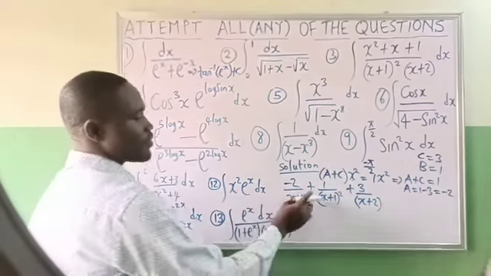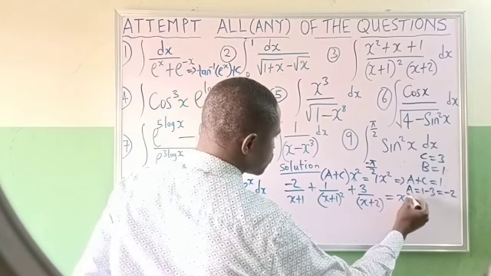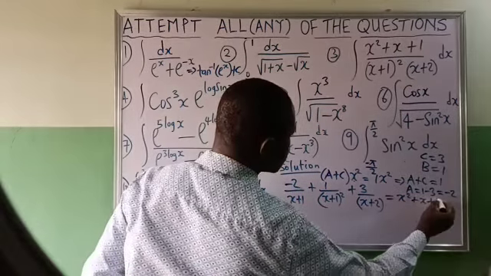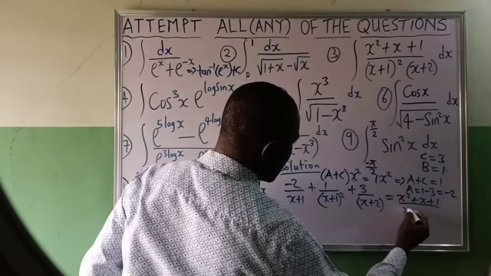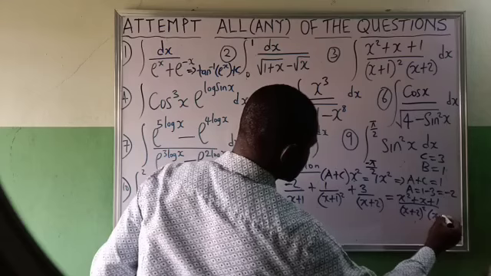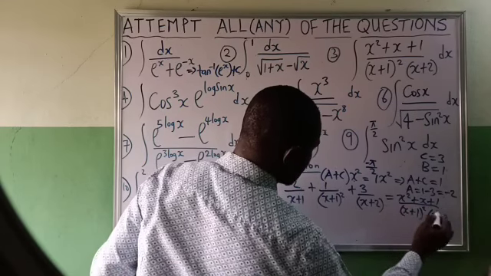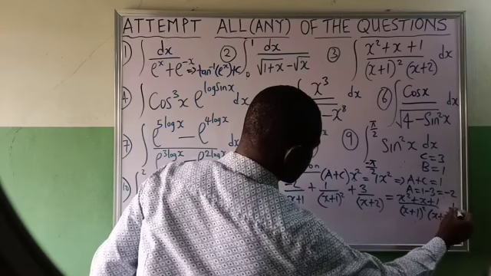So we have resolved this and we say it is equal to x squared plus x plus 1 all over x plus 2 all squared bracket x plus 1 all squared bracket x plus 2 dx.